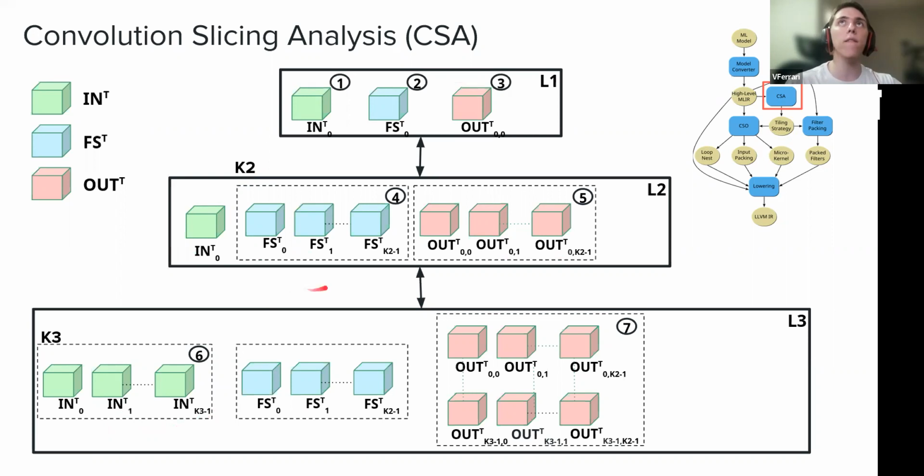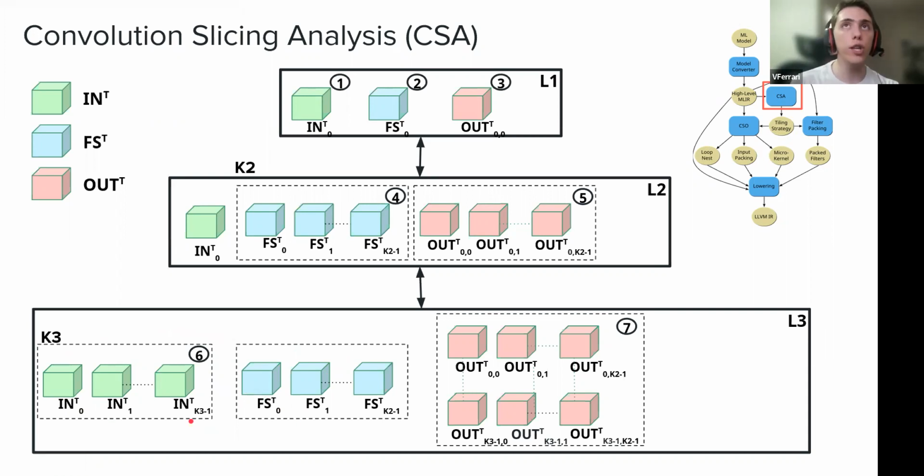So why do we want to store many tiles in the L2 and L3 caches? Because to compute the actual convolution, we have to compute every combination of input tile and filter tile. So we have to compute 0 with 0, 0 with 1, 1 with 1, and so on for every combination between filter tiles and input tiles.